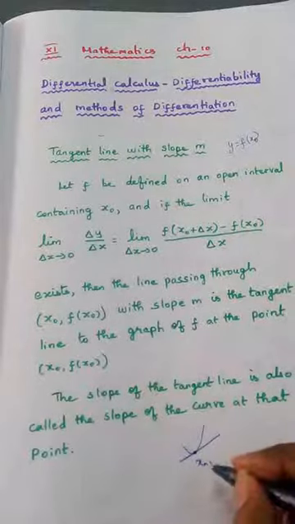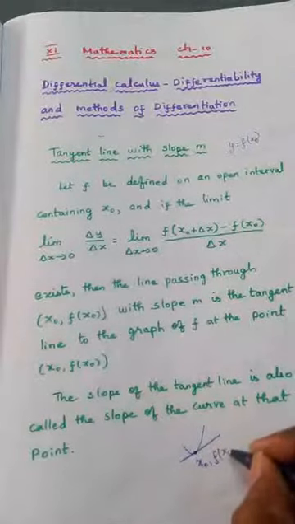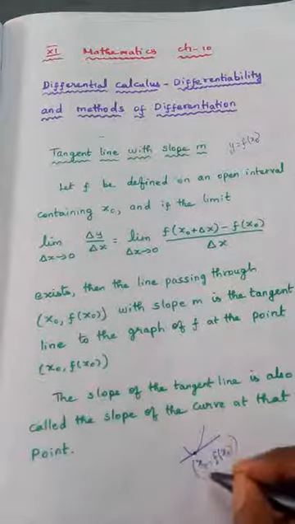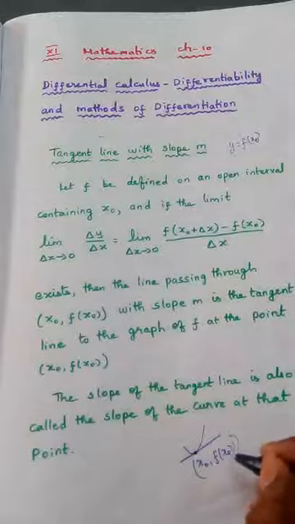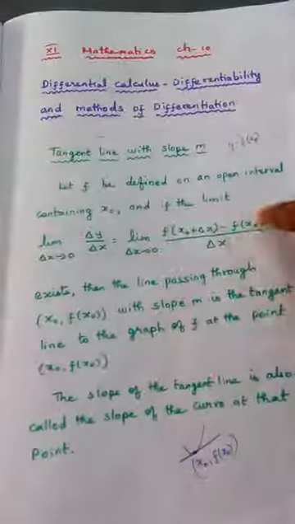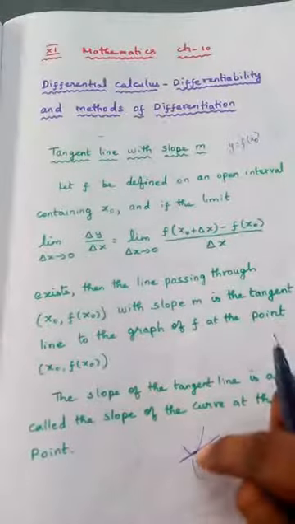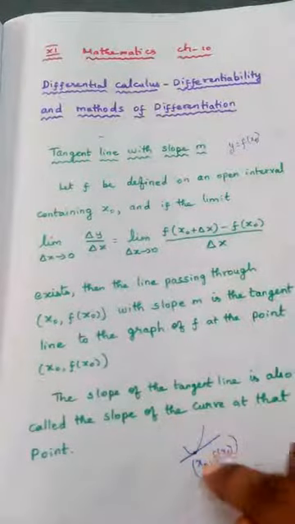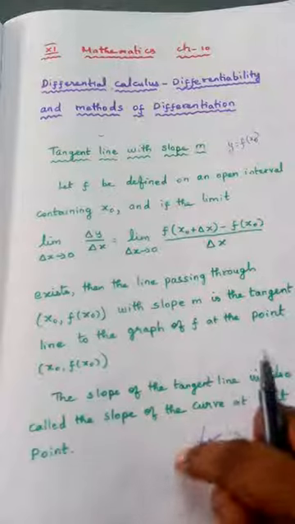Suppose this is the x value, what is the y value? F of x0. So this is the point, the combination of x value and y value. What they are telling is, if this formula represents the slope of the tangent line, then the line which passes through the point x0 comma f of x0 is called the tangent to the curve.